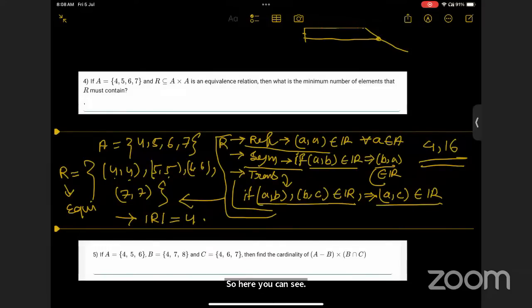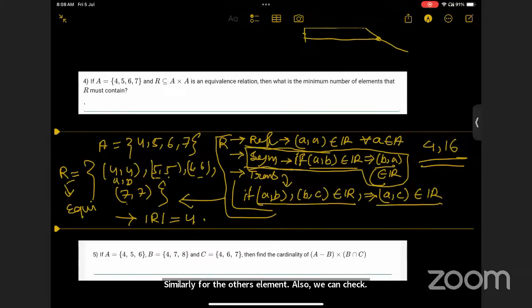If we take this as A and B, then B and A will again be (4, 4), right? So this is in R. There is no problem with that. Similarly, for the other elements also, we can check this condition is satisfied, right? Similarly, the third condition is also satisfied, right?